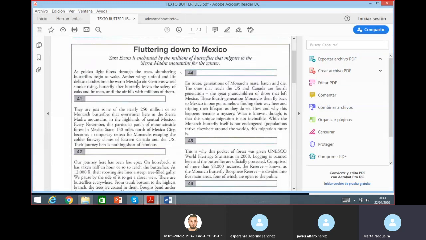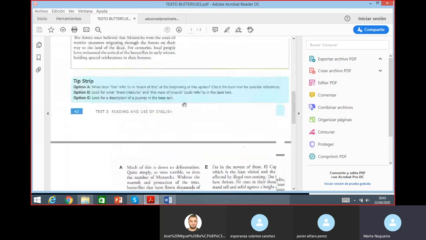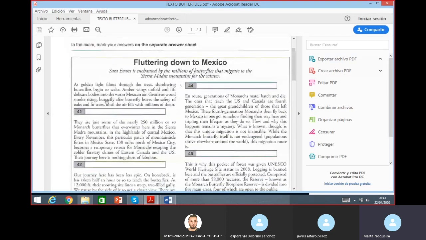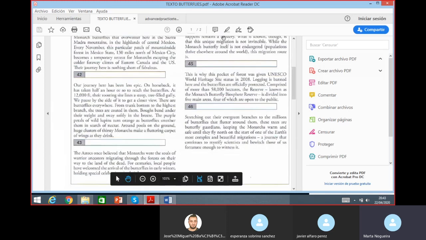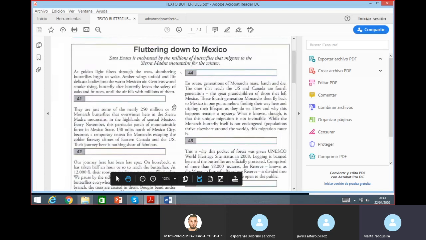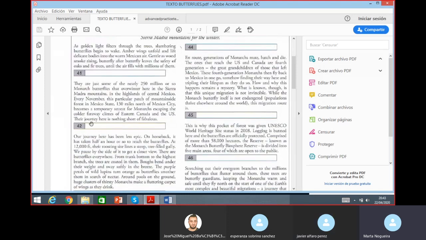Ok, so I need something that continues in here with the introduction, or for example, this ends like gentle as wood, smoke rising. This is describing the butterflies. Butterfly after butterfly leaves the safety of oaks, and so it is going to tell you something very general because aquí te está contando ya la historia de las butterflies, te está dando más detalles. Entonces aquí te tiene que poner algo muy general. ¿Por qué? Porque está empezando. A lo mejor aquí te dice, their journey here is nothing short of fabulous. ¿Ves?